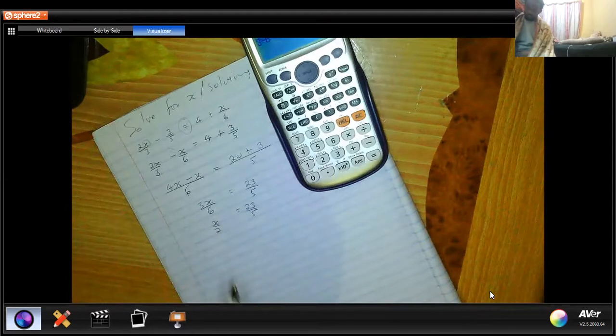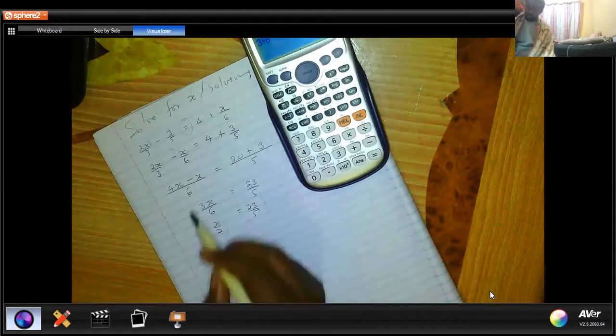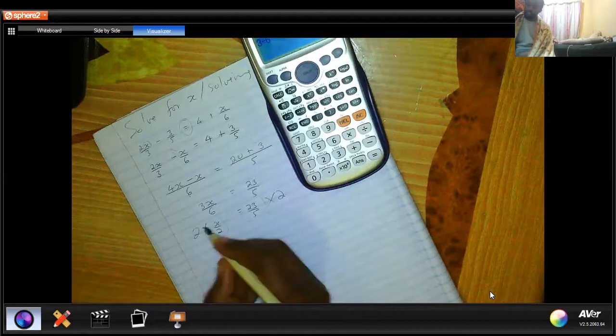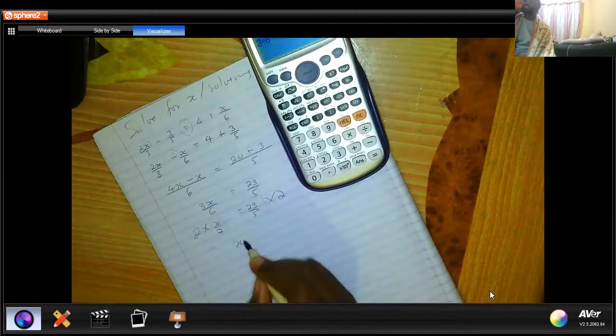Now, we want to remove this 2. Remember, the 2 is dividing. How do you remove something that divides? You multiply throughout. You multiply the whole of the left, and if you multiply the whole of the left, you multiply the whole of the right. So I multiply everything by 2, the whole side by 2, so that this 2 and this 2 cancel out and I'm left with x, which is what I wanted.